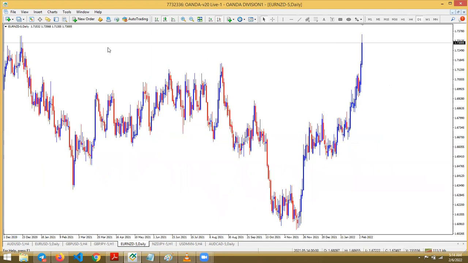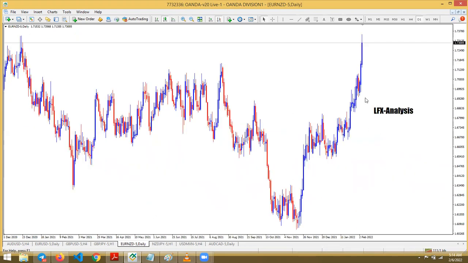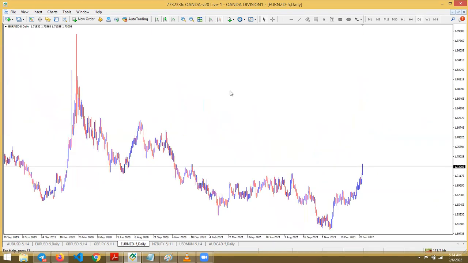I think then let me see, Euro New Zealand, I think this setup here really played us last week. Let me see. Okay, I think you can now see it. So now notice, let me just mark that area. I don't know if it was broken. Yeah, but you can see there's a slight breaker there.